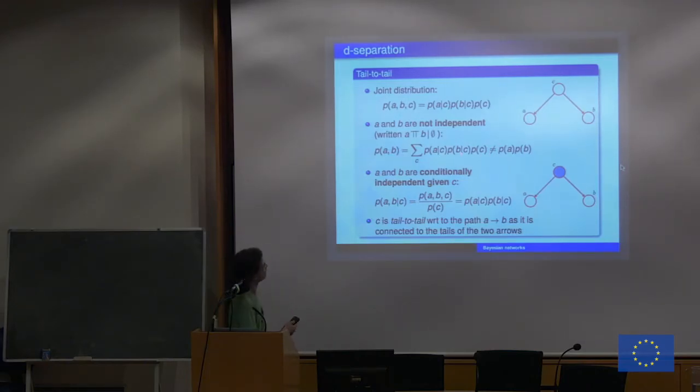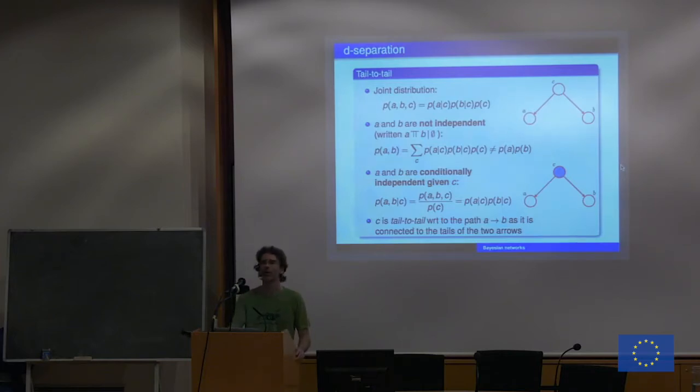At first sight, it doesn't. You could play with Bayes' rule and all kinds of operations to try to simplify things, but you don't get to simplify this into this, because it doesn't hold. So A and B are not independent, okay?